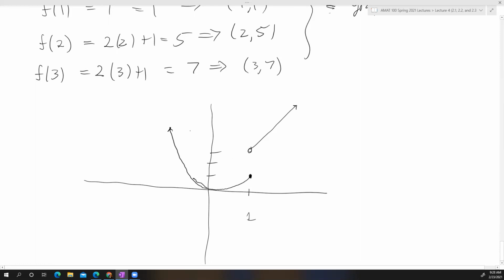So this will be a rough graph of the function. Right here we have f of x equal to x squared when x is less than or equal to 1. And for this other part of the graph, we have f of x equal to 2x plus 1 for x strictly greater than 1.